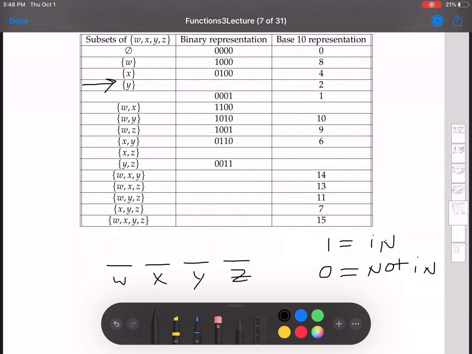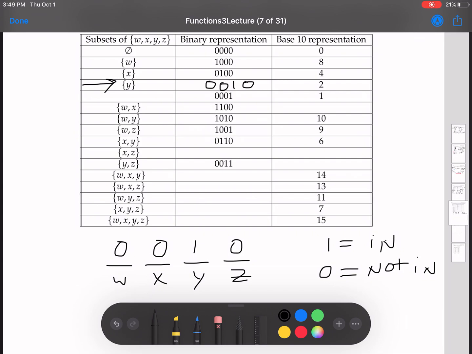Looking at that set, w is not there, x is not there, y is there, z is not there. So our code here would be 0, 0, 1, 0.